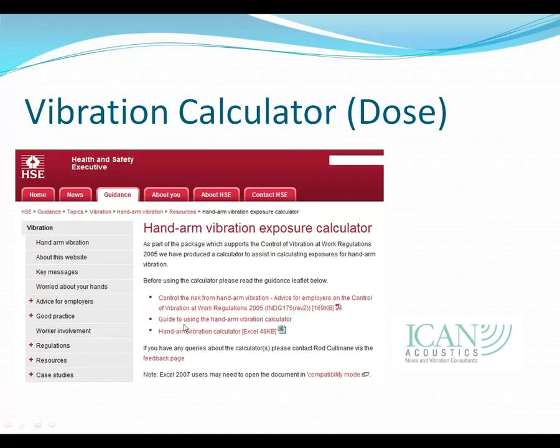They also provide a guide to using their hand-arm vibration calculator, which is in Excel, where you can measure the vibration level of a given hand tool and, based on the time on that machine, work out what the daily and weekly exposure values are, and see where it sits in relation to the exposure action values and the limiting values for that day.